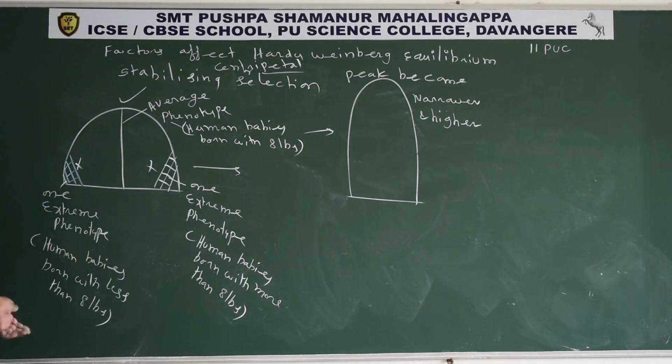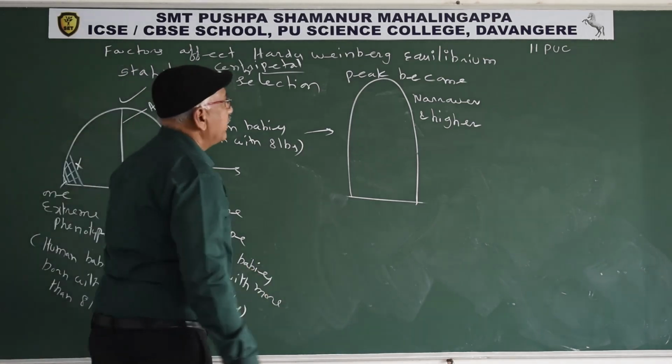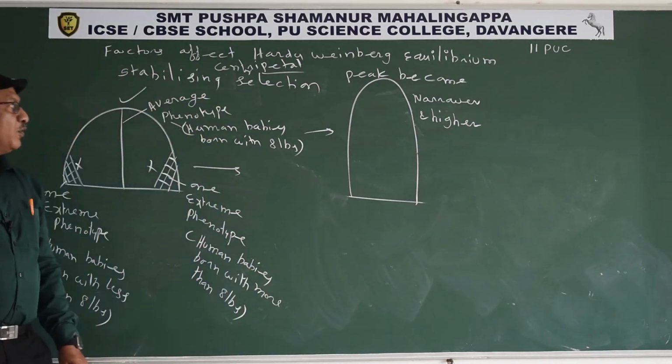Babies born with less than 8 pounds, another extreme phenotype. Mortality rate is higher in babies born with more or less than 8 pounds. So mortality rate is negligible in babies born with 8 pounds. So that means nature or stabilizing selection selects the babies born with 8 pounds. So that was stabilizing selection. Now we discuss directional selection.